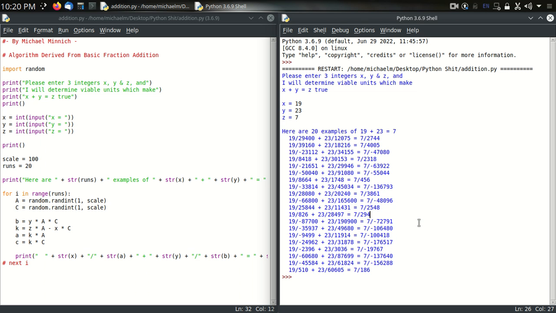You would think, because 19 and 23 are larger than 7, when you add them together, you can't get 7. But that's absolutely false. All of these will work. Every single one of these will work. And these input values that it's taking, they can be any number.